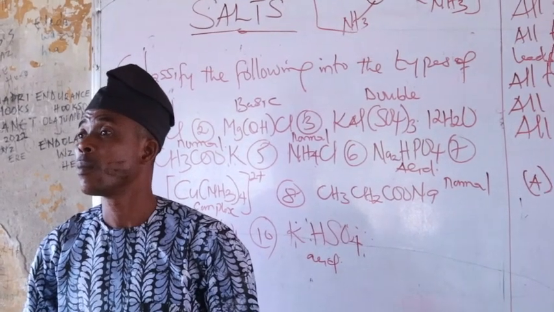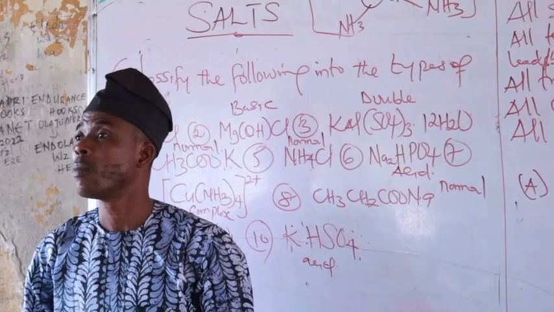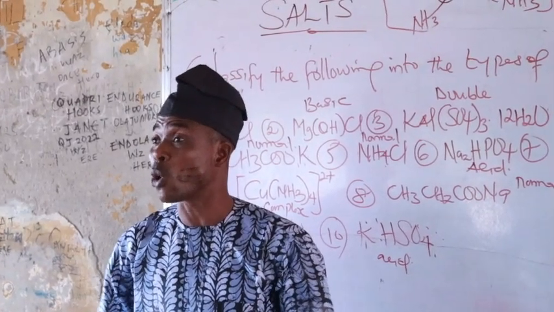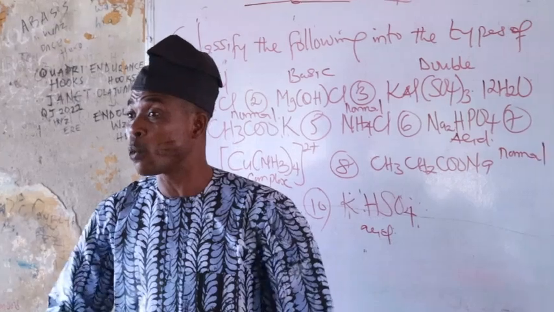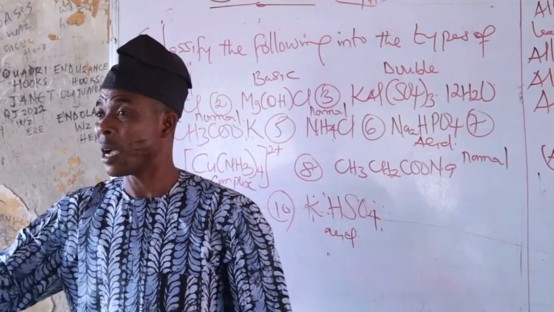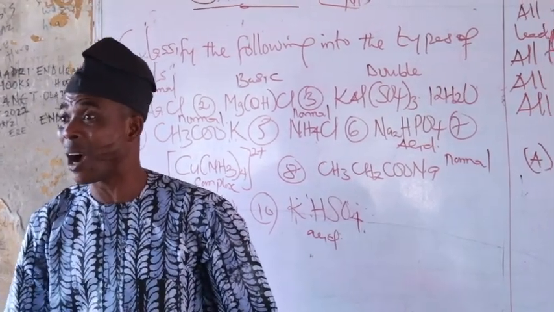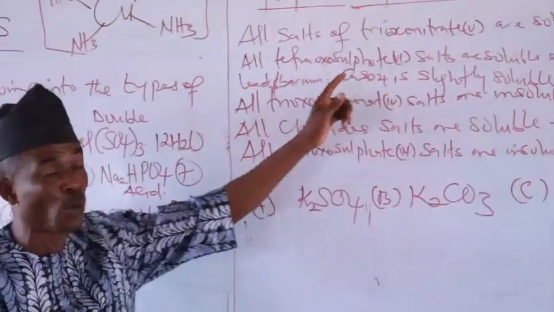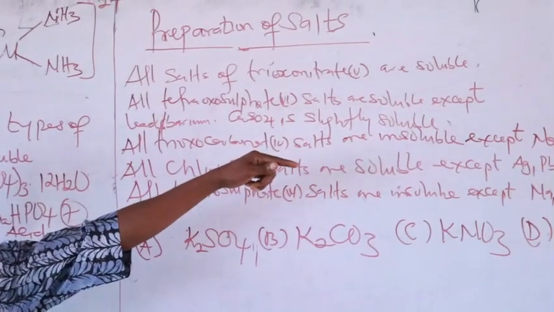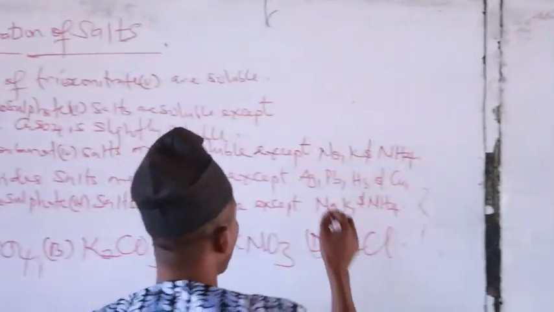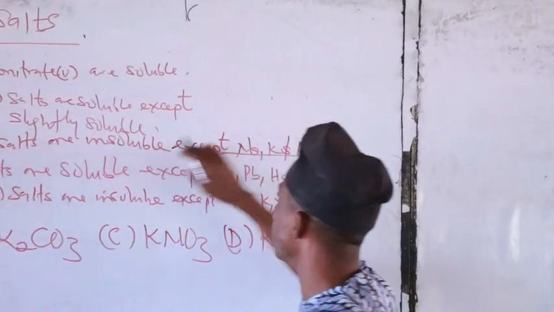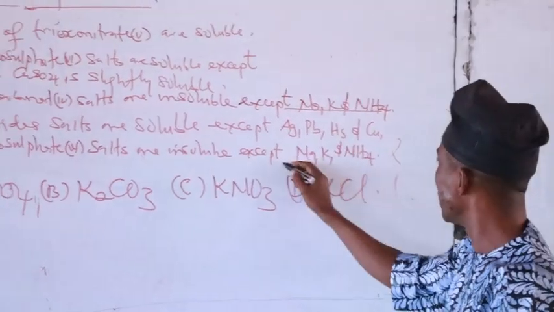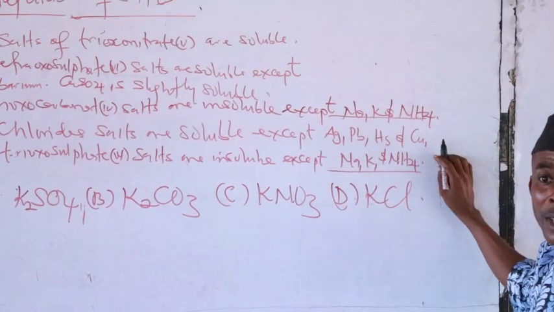All salts of sodium, potassium, and ammonium are soluble. That is why, where we say they are insoluble, we wrote except those of sodium, potassium, and ammonium. You can see the exception that I have written here.